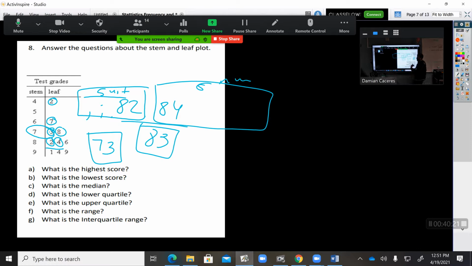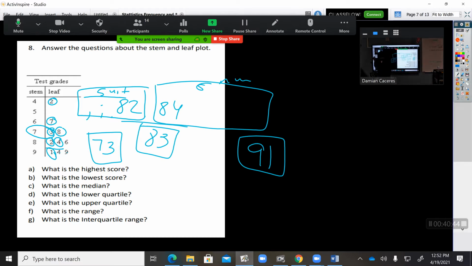If it's the upper quartile, that means it's the third number also, but counting from the back. 1, 2, 3: 91. Same answer we got the long way. You understand? So creating a box plot or counting it here is the same thing, as long as you count correctly from the back up or from here down.